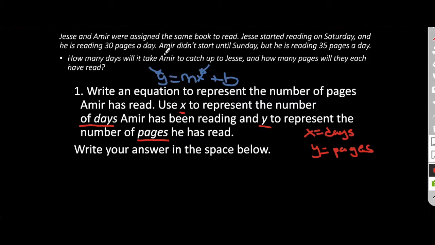Now for my problem, Amir didn't start until Sunday, but he's reading 35 pages per day. So a good equation for number one, y is equal to 35x. This basically means Amir reads 35 pages a day.